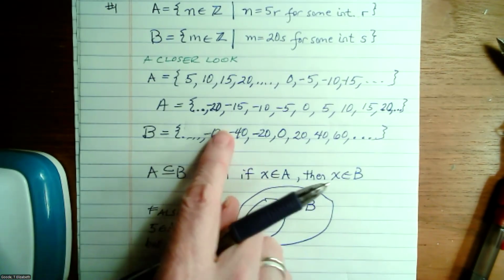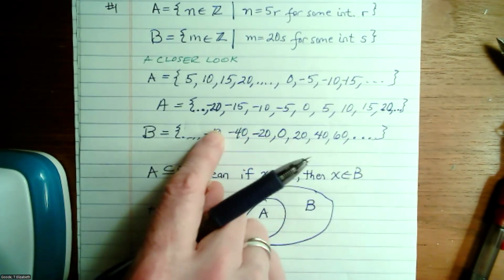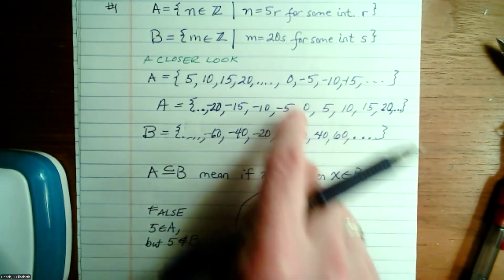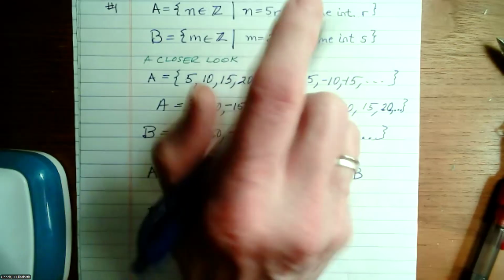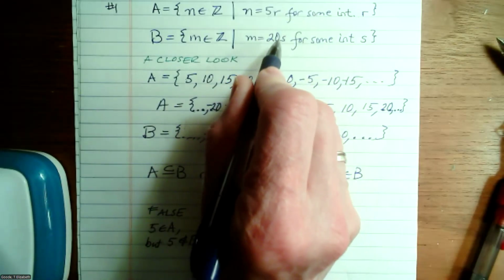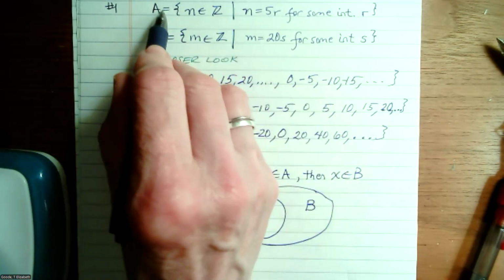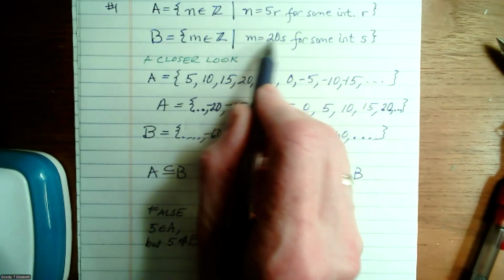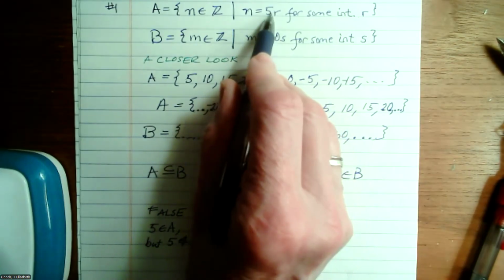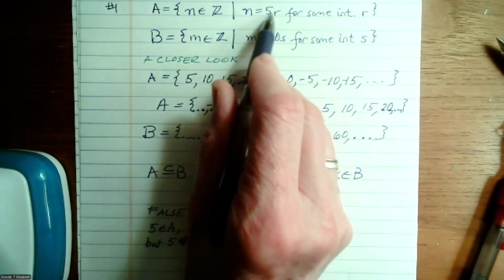But everything that's divisible by 20 is also divisible by 5, because 20 is 5 times 4. Every m in B will also be in A, because if m has a factor of 20, there's a 5 in the 20, but there's not a 20 in the 5, you see.